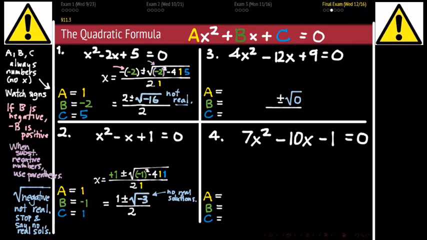So let's go through and do it. A is 4. What's B? Negative 12. C is 9.